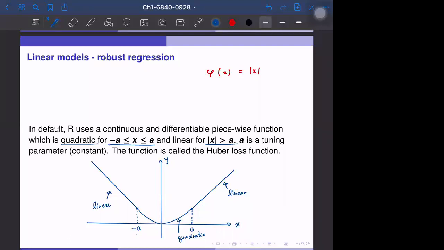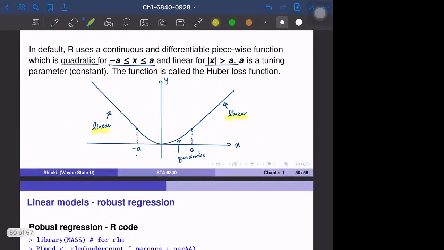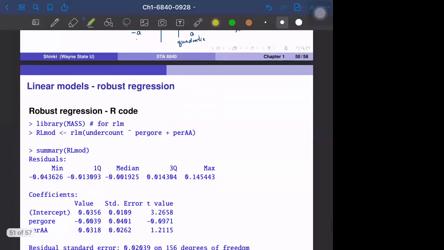The quadratic function is generally a convenient function when we look for the minimizer. That's why we use the quadratic function here and the linear function outside. This is the so-called Huber loss function, and this is used in the default robust regression function, rlm, in R.